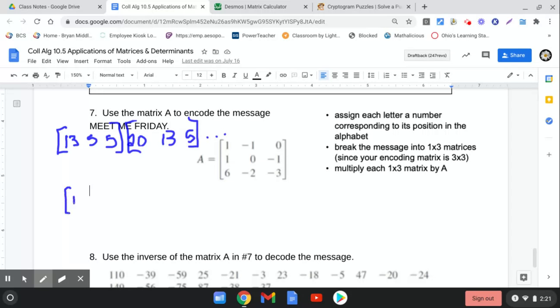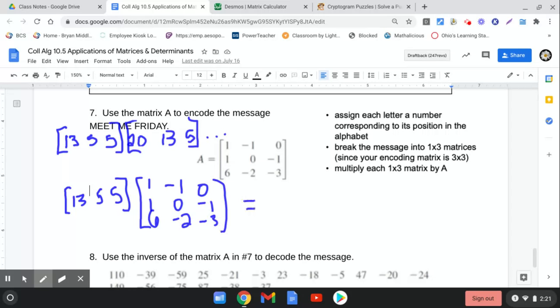So I'm going to take this first one, 13, 5, 5, and multiply it by matrix A: 1, negative 1, 0, 1, 0, negative 1, 6, negative 2, negative 3. This is a 1x3 matrix and this is a 3x3 matrix, so we can multiply them, and the answer is going to be a 1x3.